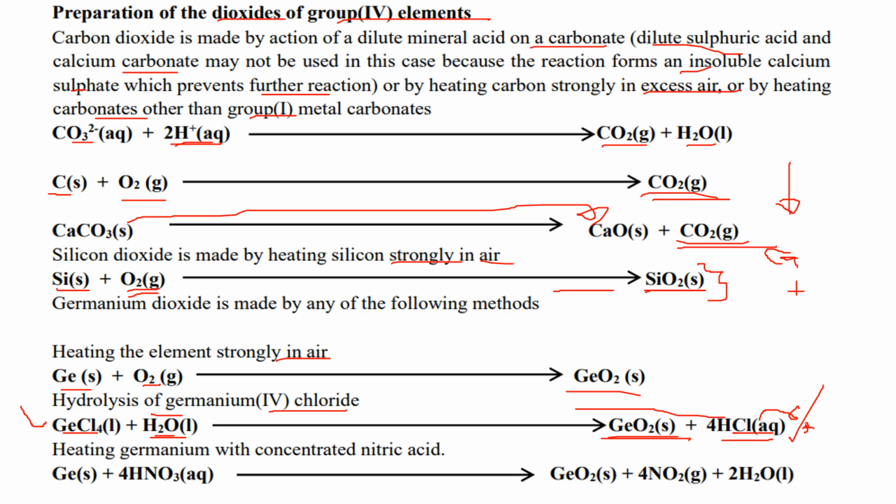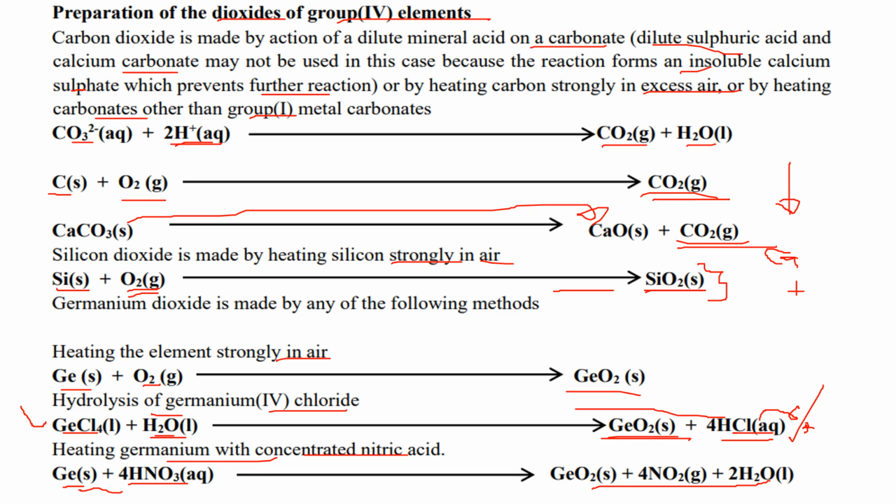So you can also prepare germanium 4 oxide by reacting germanium with concentrated nitric acid. So when you get germanium, you react it with hot concentrated nitric acid. This is an oxidation reaction. I told you whenever you see two reactants and 3 products, that's always an oxidation reaction, especially with concentrated acids, and you have to be very good at redox reactions.